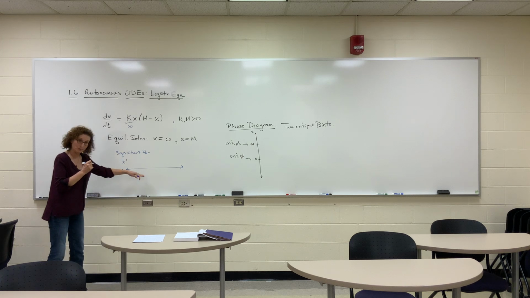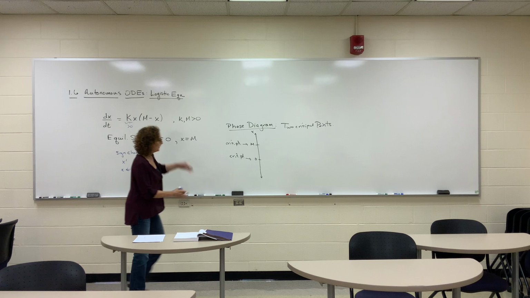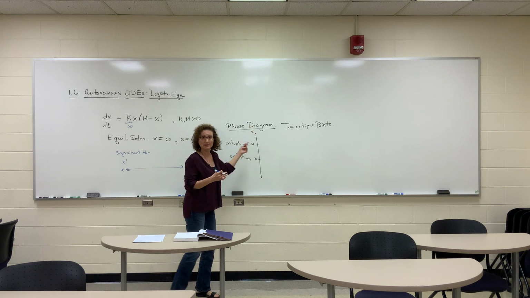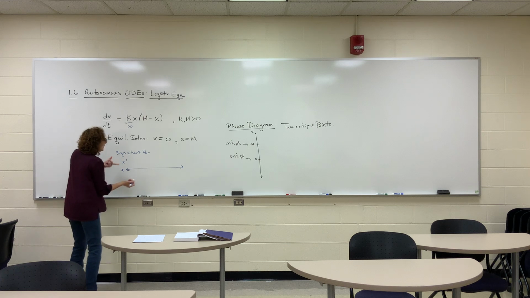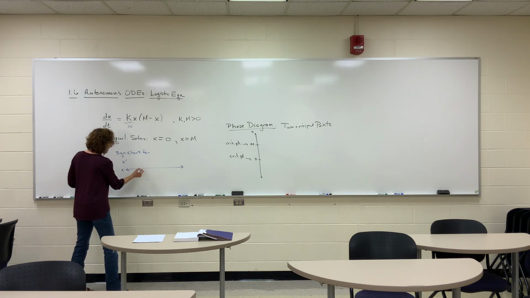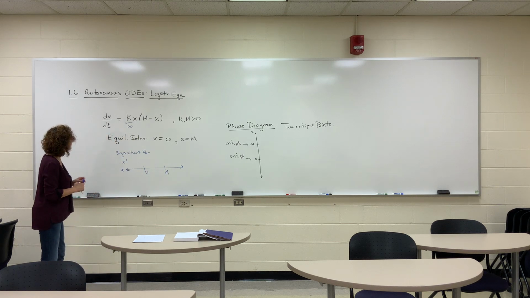So now I'm drawing x horizontally, just because I like my sign charts that way. But I know x is really my vertical axis because x is my dependent variable, right? So where can we split up this x-axis? It's at 0 and m, okay?